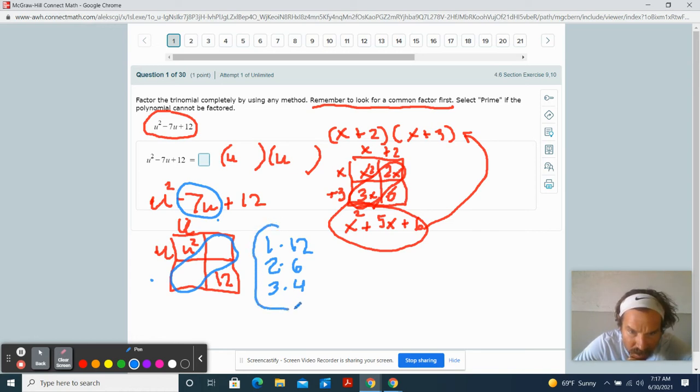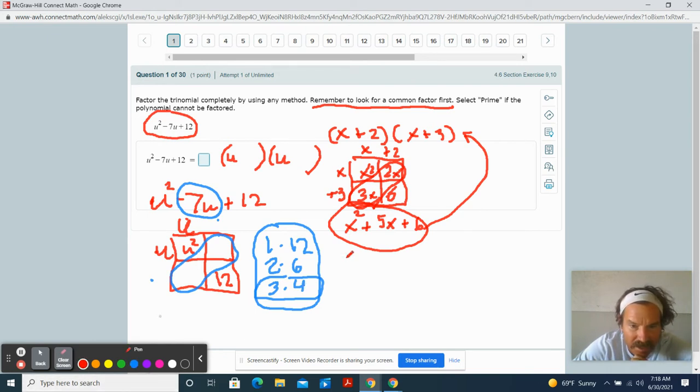What numbers could we add up to make a -7 and also leave it to be multiplied by 12? And if you're looking at these two numbers, 3 and 4, they multiply to get 12. However, they add to get +7. So how do we still make it multiply to get +12, but add to get -7?